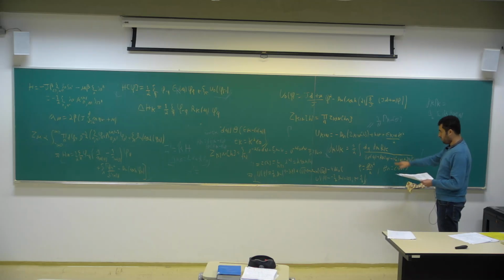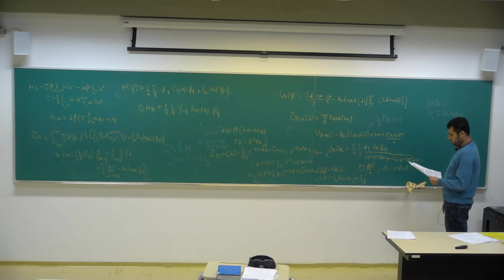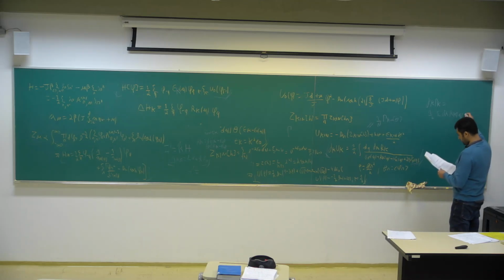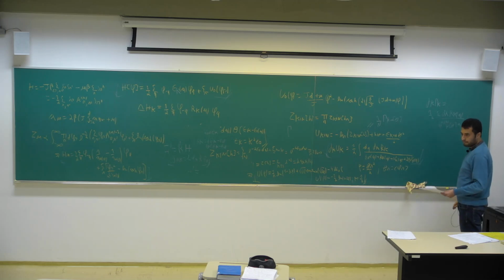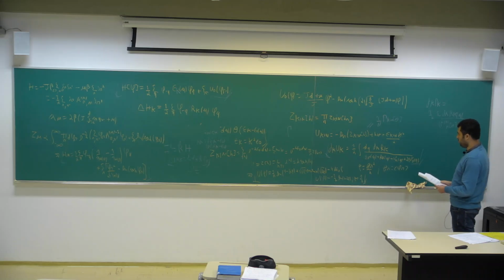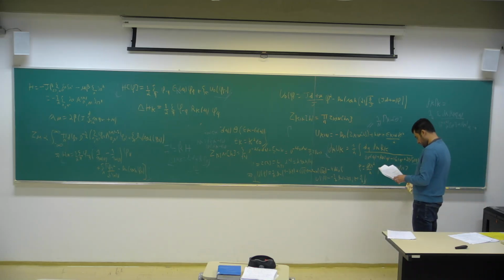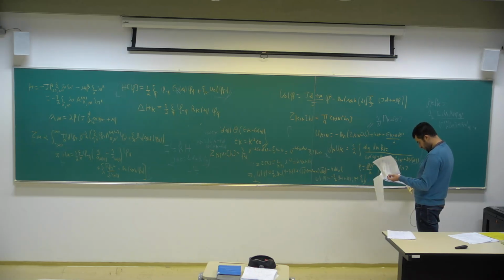This equation becomes this. Derivative with respect to k. What is k? K is this. There was no k in the original equation. Just give me a second.